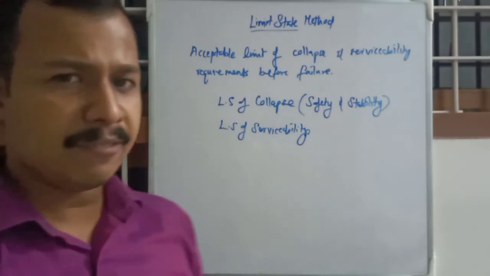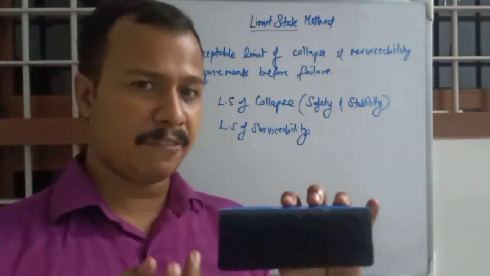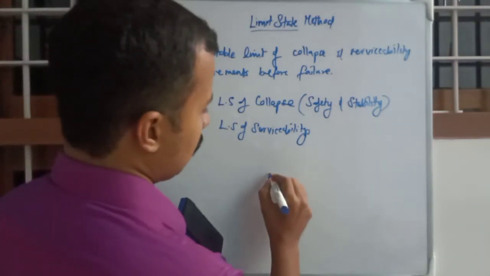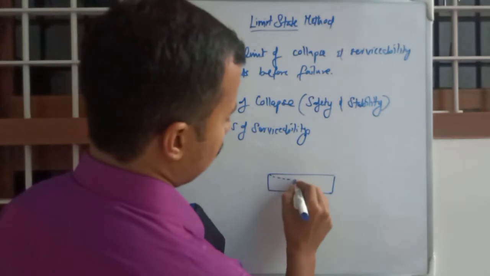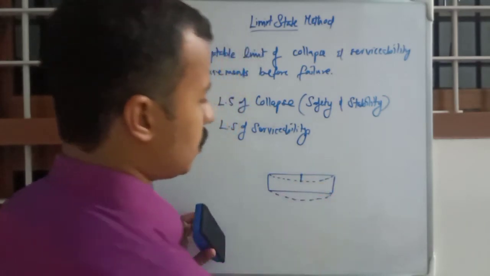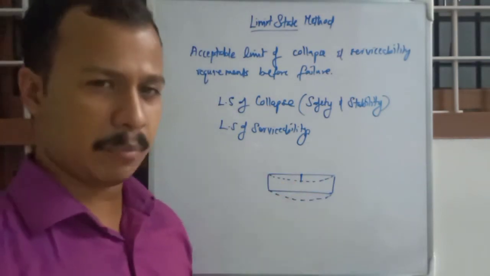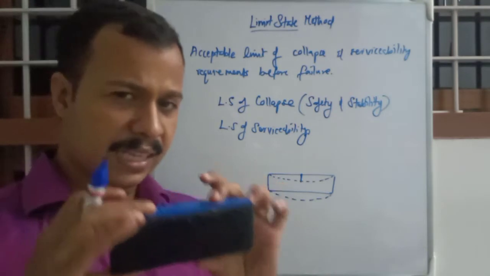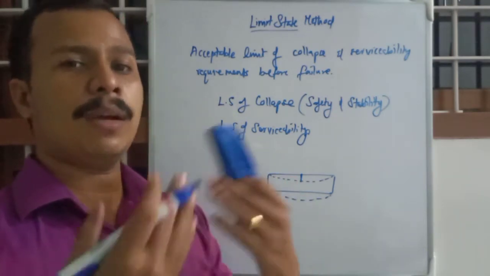Even if it attains a limit state, there will be a deflection, right? Deflection means if this was a beam, there can be a bending like this, and this is deflection. Even if a case of deflection occurs, it shouldn't be over the limit.